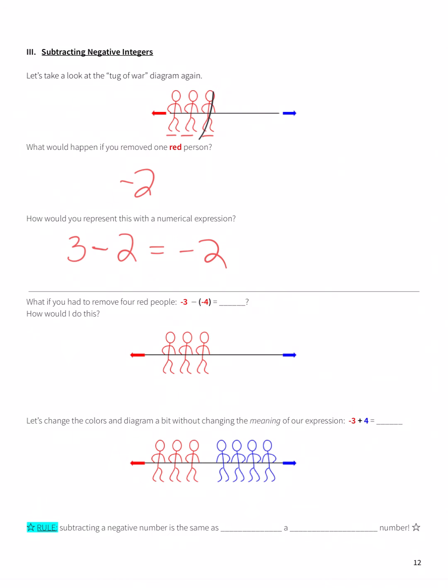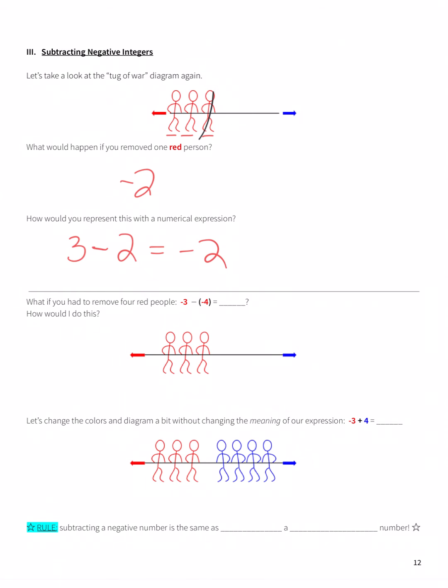Okay, but what's going to happen if we try to remove 4 red people? So we start with -3 and then we try to subtract -4. Well, there aren't 4 to subtract. So guess what? We're going to add the opposite.